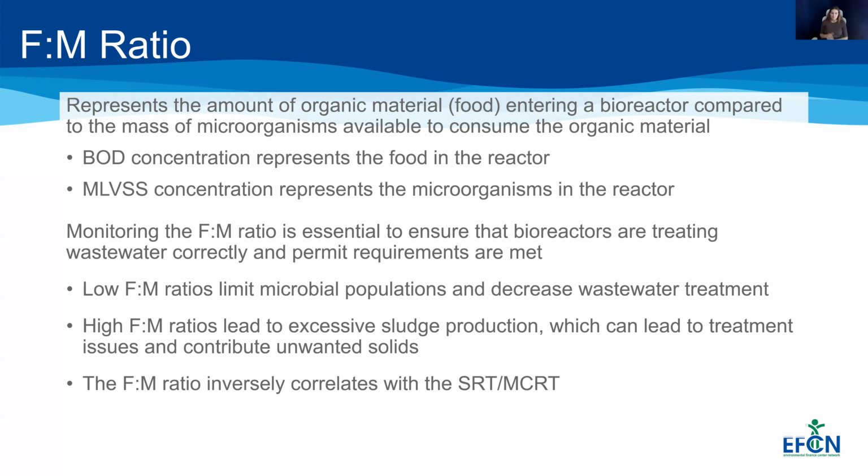And our F to M ratio, it's important to understand, tends to inversely correlate with the SRT or the MCRT, which is our sludge age. So if we have a high F to M ratio, we may have a low sludge age because we have too much food compared to the microbes that are in the sludge.